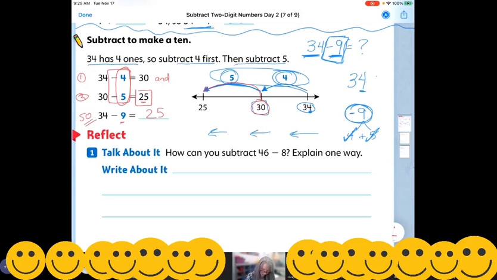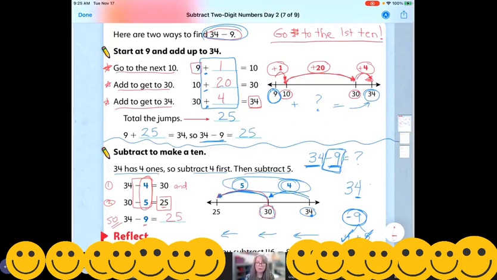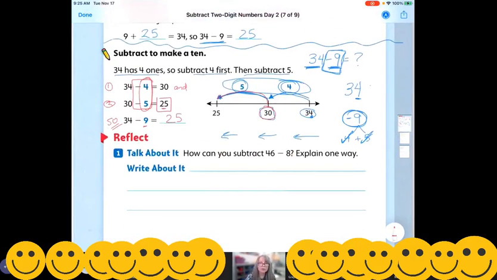Does anybody have any questions about these two different methods? Remember, one way is to add up on the number line to find out what 34 minus 9 is, starting with the 9 and ending at 34. Or you could just do your subtraction and make a 10 first.